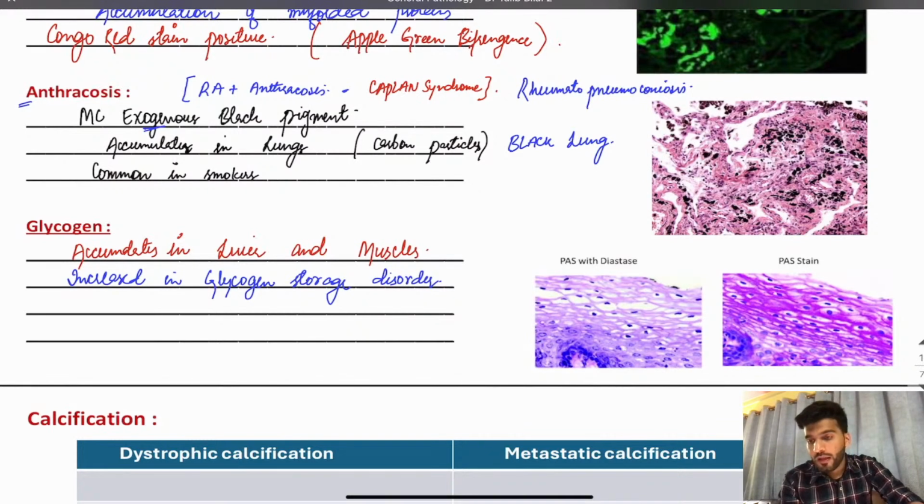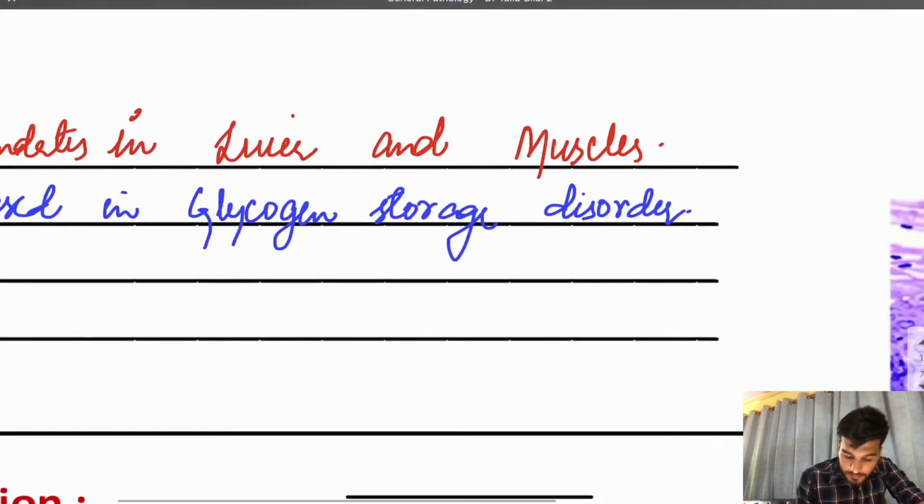Anyone? Most common glycogen storage disorder. It's a PYQ as well. It's a basic biochemistry question, everyone.